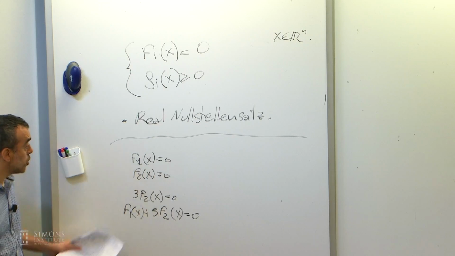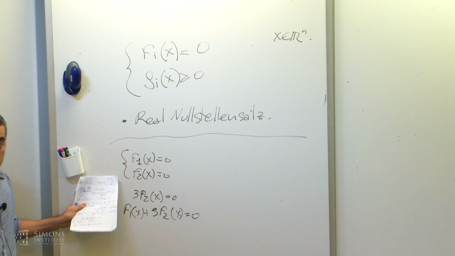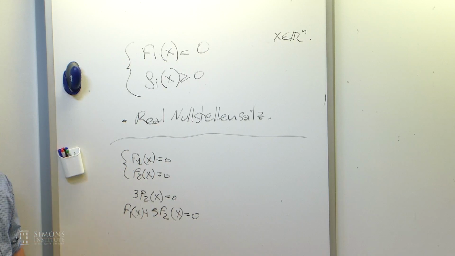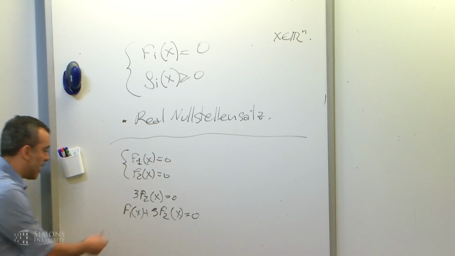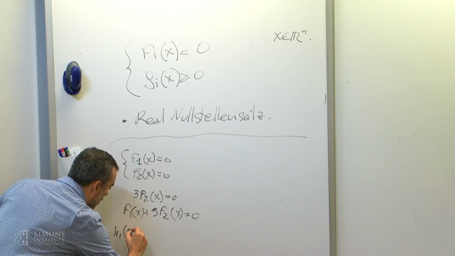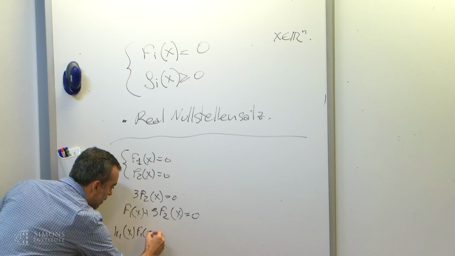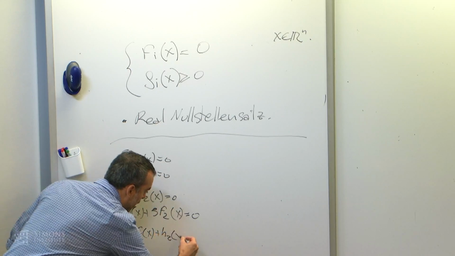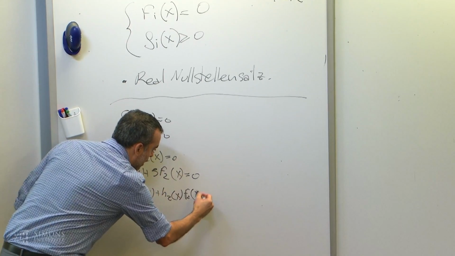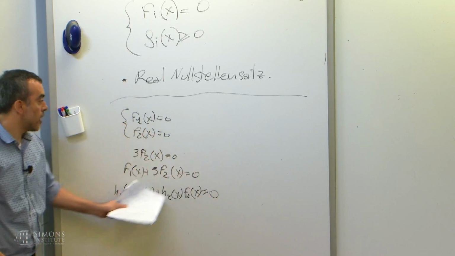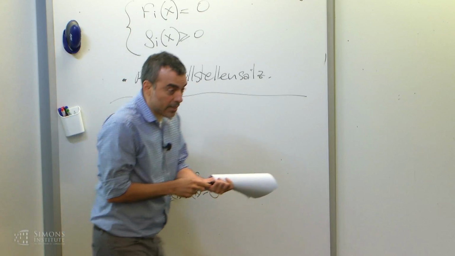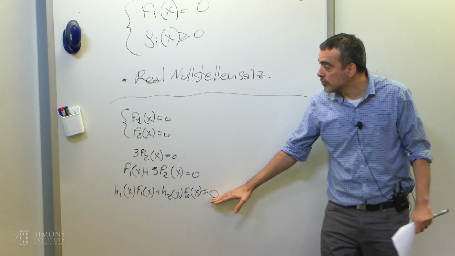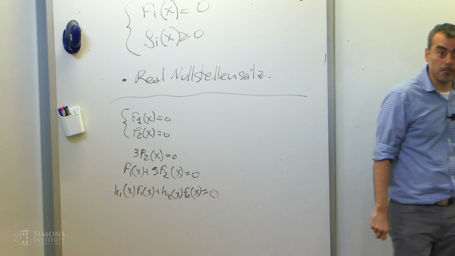If I have any solution that satisfies these, it will certainly satisfy these other conditions. And furthermore, if I feel even braver, I can say, why are you multiplying with constants? I can multiply here by some arbitrary polynomial h1 of x, and here by some arbitrary polynomial h2 of x, and write this constraint, which is also going to be valid. By valid, I mean that it is certainly going to vanish on the feasible set.